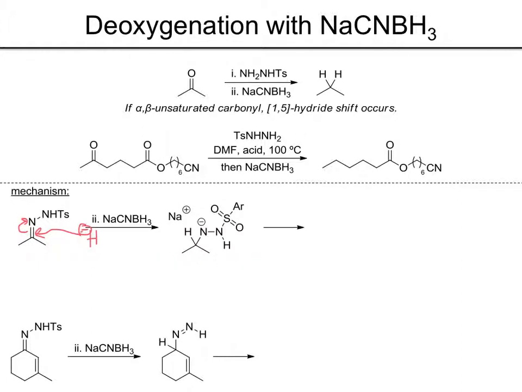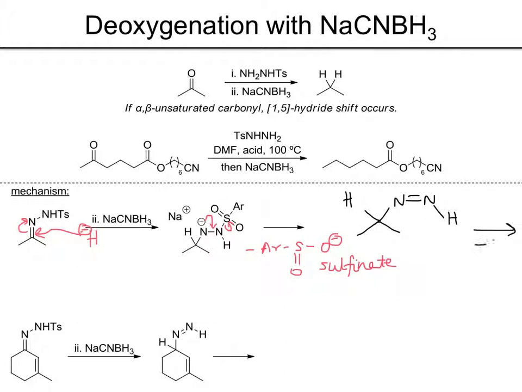At this point, this nitrogen kicks down and kicks out this aryl sulfinate, and we end up with this compound here. And so now we're going to lose nitrogen gas, and we form our deoxygenated product.